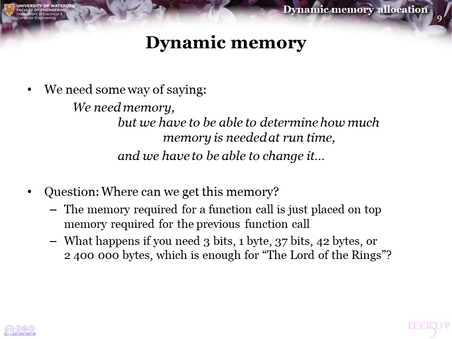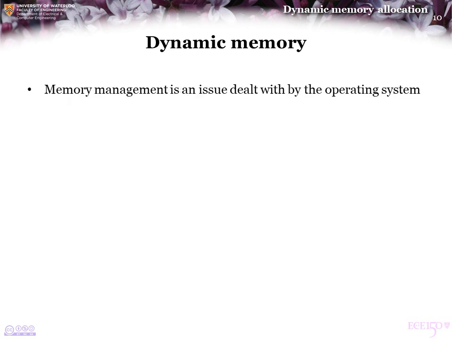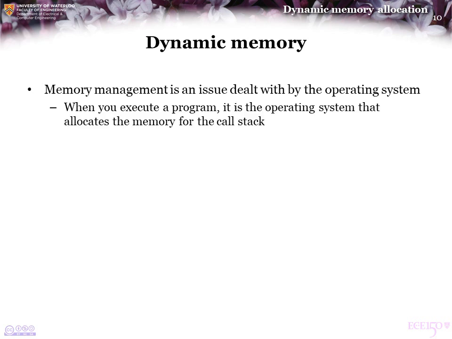And so what happens if we do need 3 bits, 1 byte, 37 bits, 42 bytes, or we need 2.4 megabytes, which is what we require to store The Lord of the Rings? Now, memory management is an issue within the purview of the operating system.